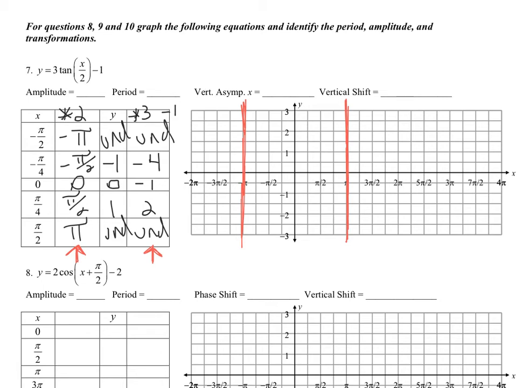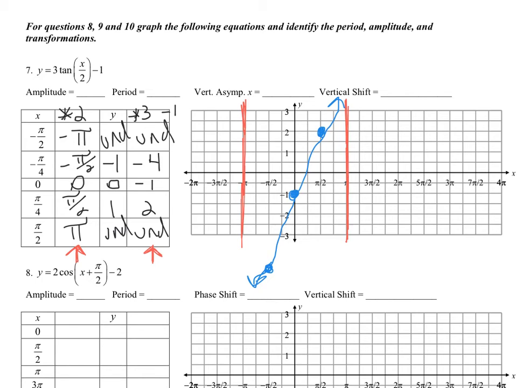So negative pi over 2, negative 4 is way down here. Then at 0, we have a negative 1 right here. And then at pi over 2, we have 2. Pi over 2, 2. And that's our tangent curve. It's kind of stretched out, but you can sort of see it. It's a little off the graph.